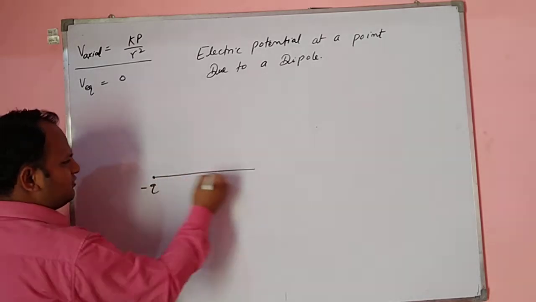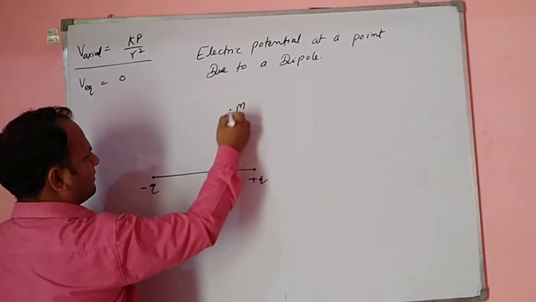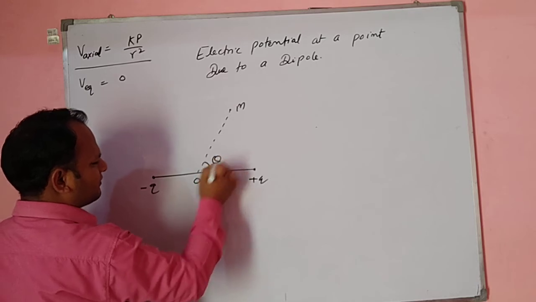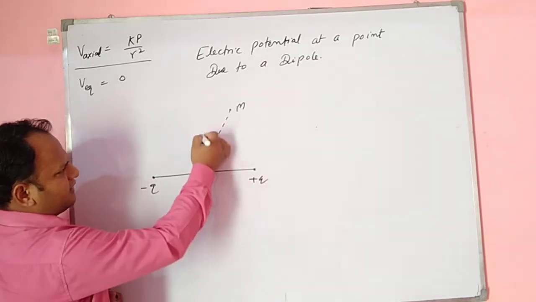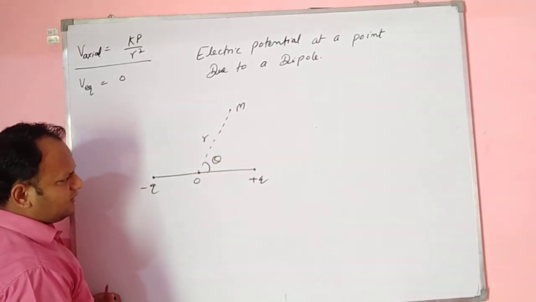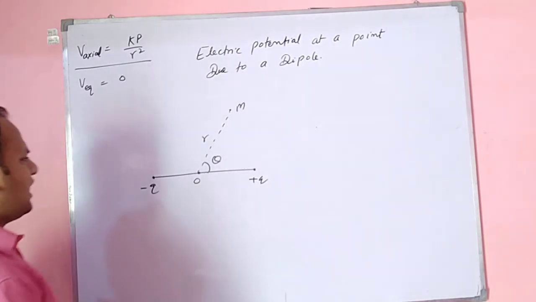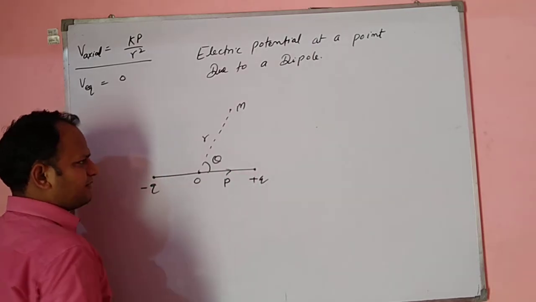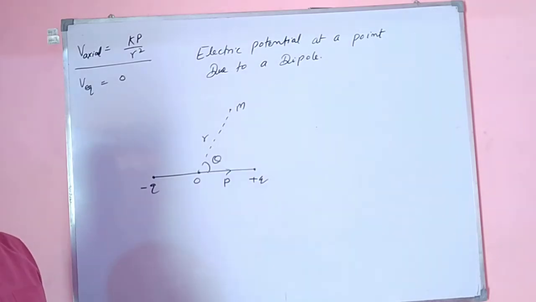Let's say this is minus Q, this is plus Q, and we have a point M here, which makes an angle theta with the dipole, and this distance is, let's say, R. So instead of doing that long derivation, we can quickly do it. How? See, this is the direction of dipole moment, from negative to positive. Remember, the direction of dipole moment is from negative charge to positive charge, whereas the direction of electric field intensity is from positive to negative.